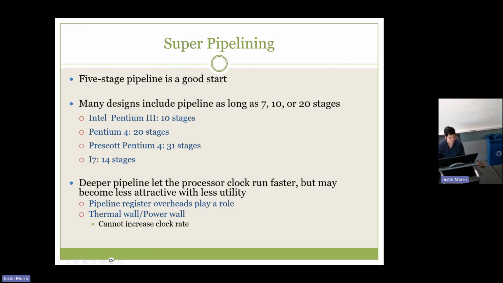And the other thing is we cannot just increase clock rates to infinity. We do have this thermal and power wall. We can't just have the processor go beyond around 90 to 100 degrees Celsius. And with the cooling capabilities, we have this wall that we are going to hit.